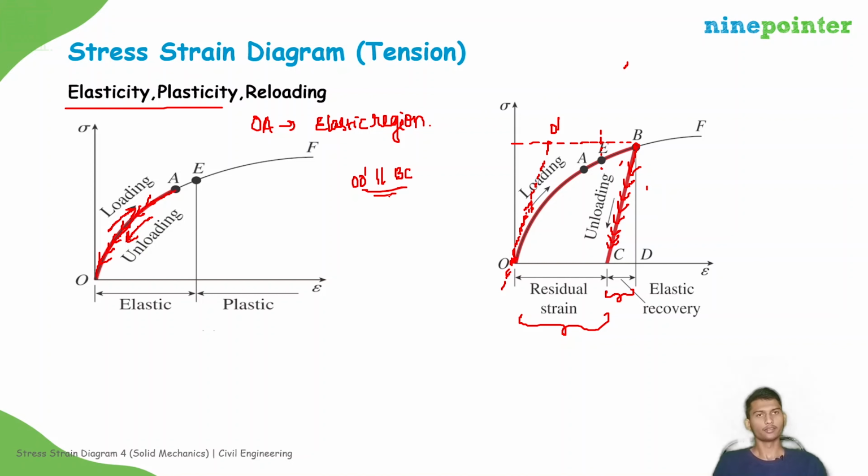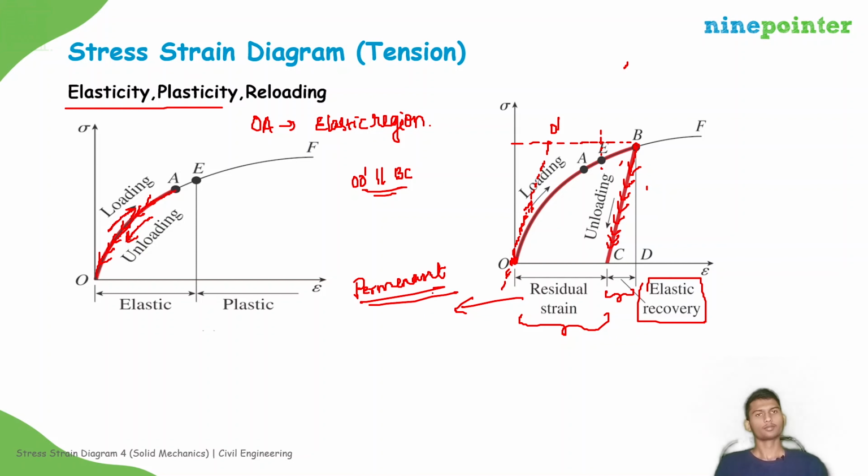That makes sense, right? Because the recovery is of elasticity. Whatever elastic strain is there will recover on removing the load, so it follows the path of elastic recovery, parallel to the slope of the tangent at the position O of the stress strain diagram. So this is elastic recovery, and this is residual strain, which is permanent.